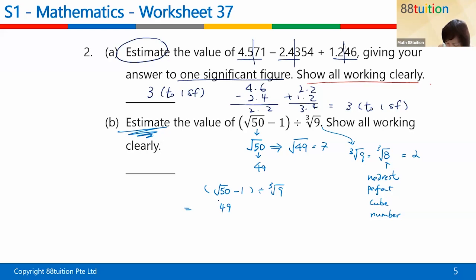What we can do is change this to the nearest, we don't put equal first, all right? Minus 1, bracket, change it to 8. And now you can put the equal sign. 7 minus 1 divided by 2, 6 divided by 2, and that gets down to 3. Rounding off, estimation.